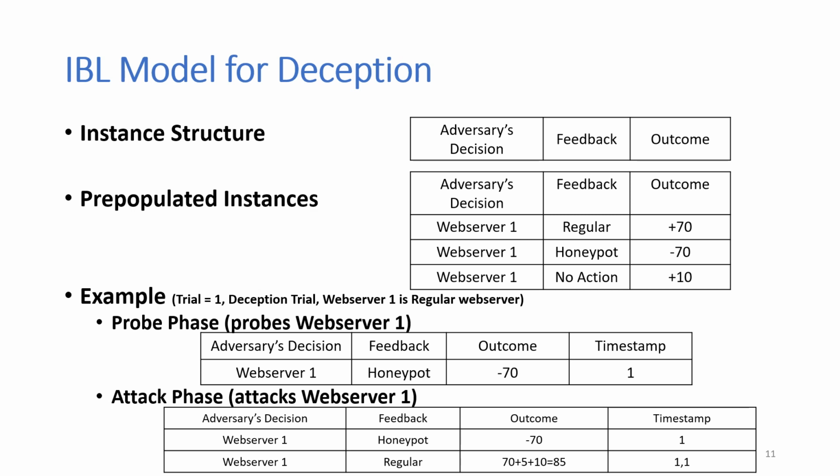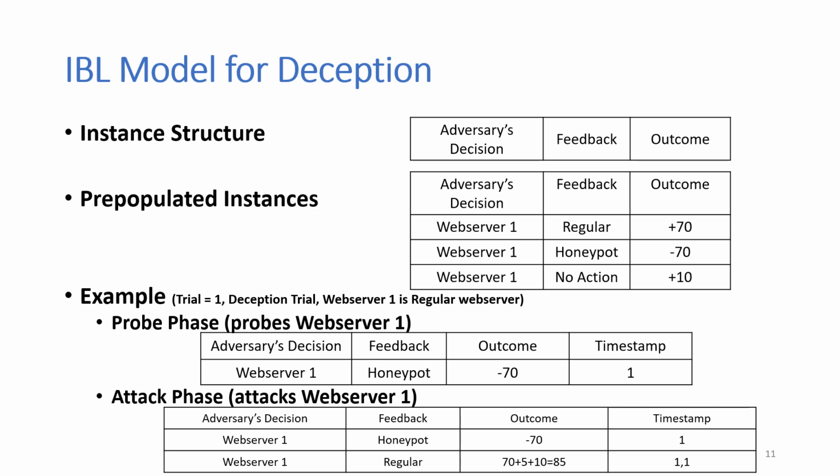For example, for web server one, the adversary may take three actions: it could be regular, it could be a honeypot web server, or the adversary decides not to choose. For these three actions, we have the outcome associated with them. Next, I will show you how the IBL model works for a particular trial in the DG.